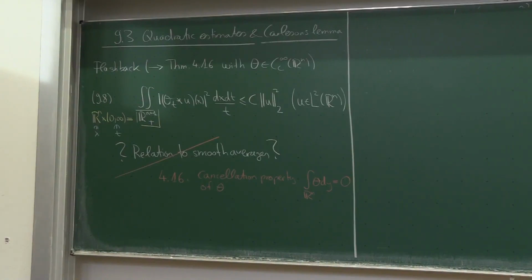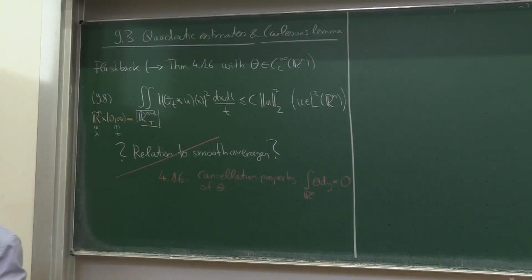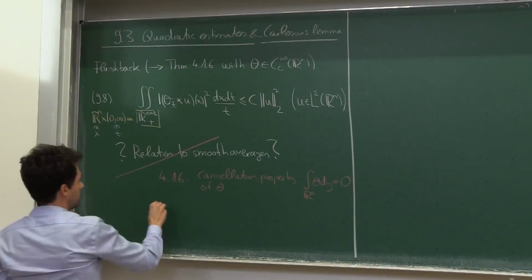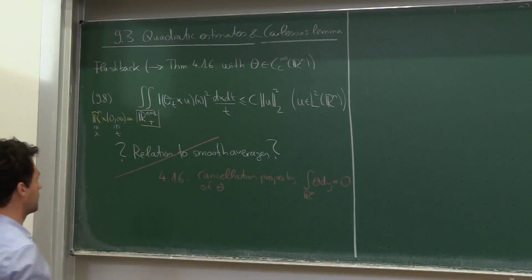These are averaging results because the integral of theta is 1. You could normalize it if the integral of theta would be anything else than 0, but the cancellation property is the complete opposite of the averaging property.